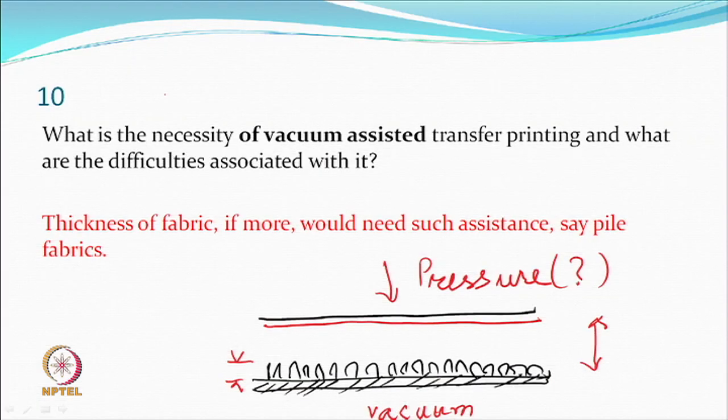If you have such type of material, then the difficulty is that there are more open spaces and you do not have a flat surface, and so in such cases you would require some assistance. So, you have a pile structure, you apply vacuum on this side. So, you expect the direction of all the things to be in this direction more.